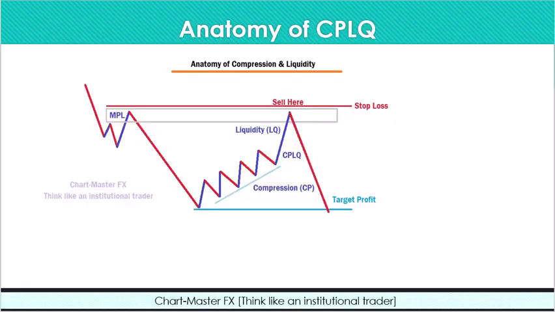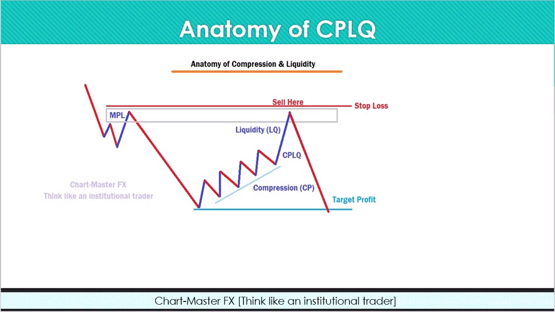So this is the anatomy of compression and liquidity. The first thing, guys, that you need to do is to identify the historicity of your chart. Look in the past. We believe that past movement of price influences the current price structure.